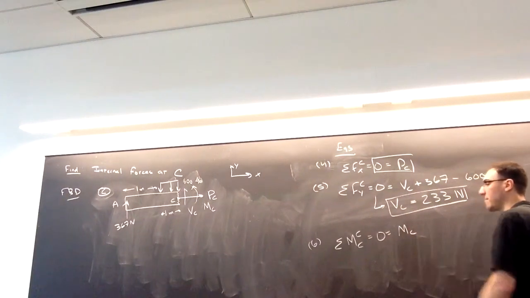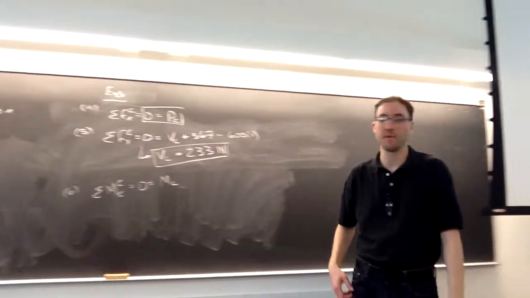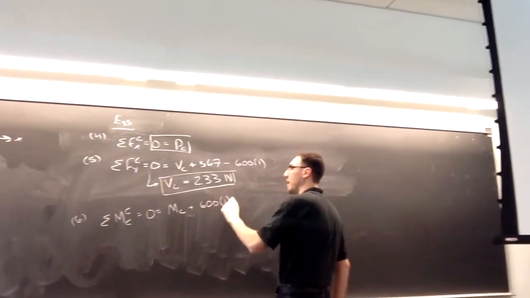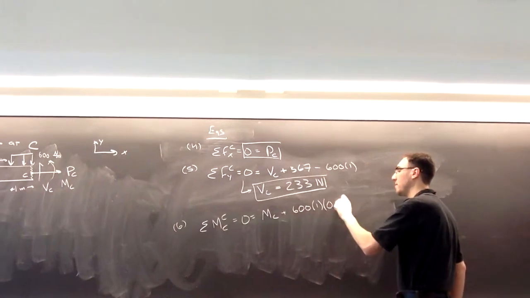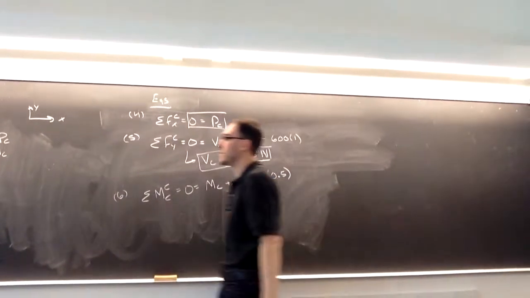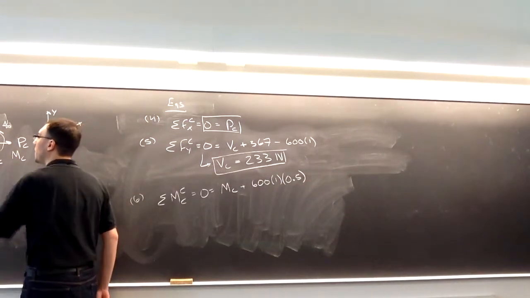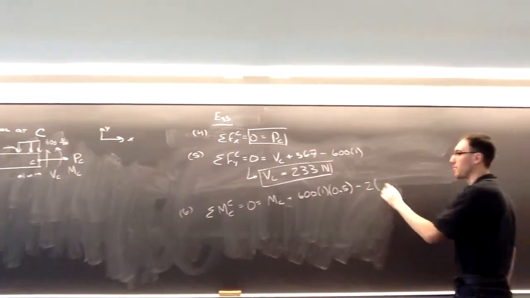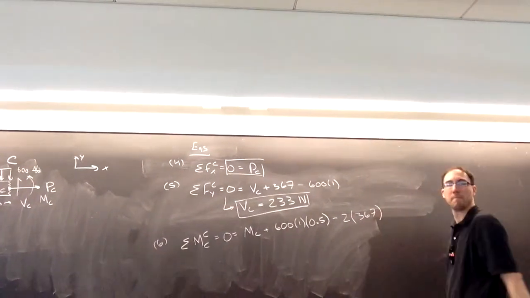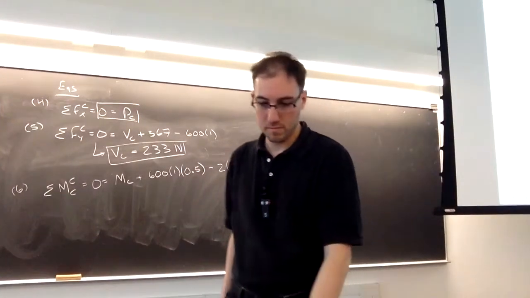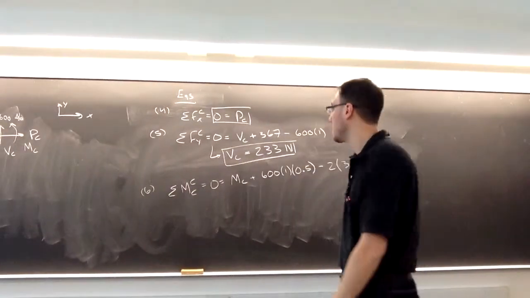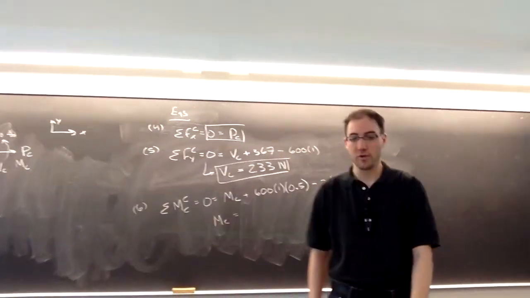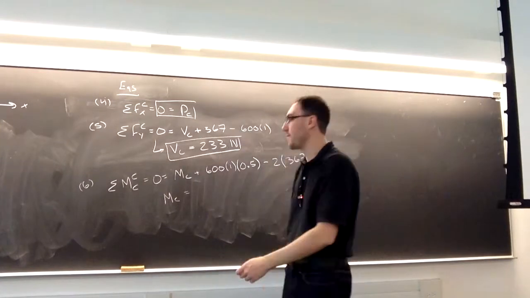So we have that internal bending moment M sub C, which I assumed was positive, plus 600 times 1 times 0.5, since now the center of this piece is only 0.5 away from C, minus 2 times 367. Solving equation 6, we get an internal bending moment of about 434 newton meters.